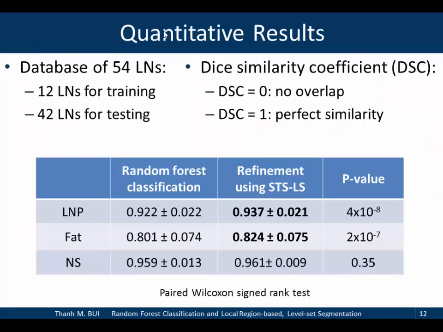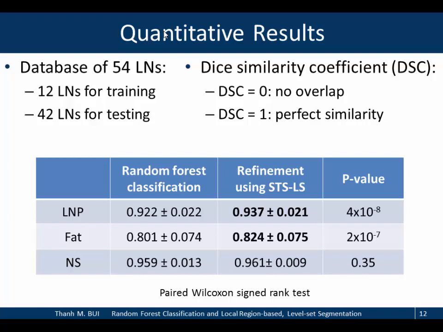The slide shows a quantitative result. We evaluated the method using 54 lymph nodes, 12 lymph nodes for training and 42 lymph nodes for testing. The segmentation accuracy was quantified using the similarity coefficient, where a score equal to 1 means perfect agreement between the automatic segmentation and the manual segmentation.